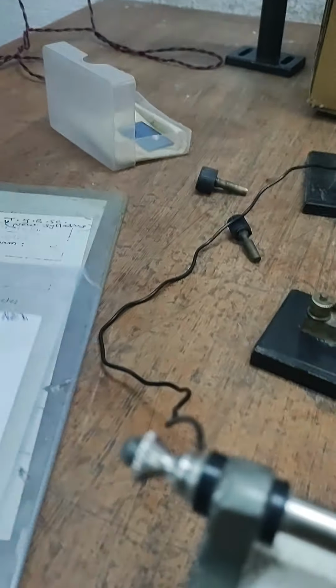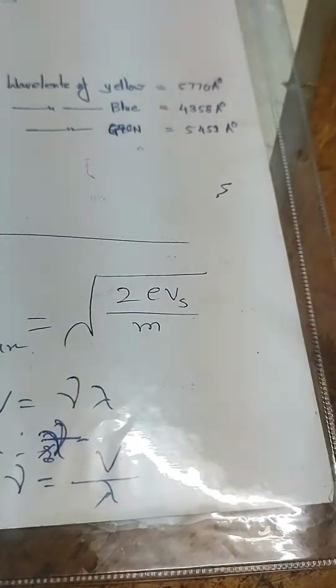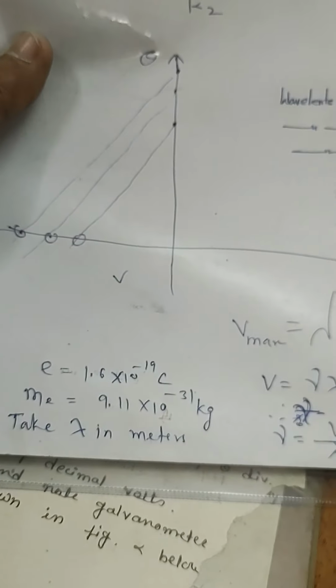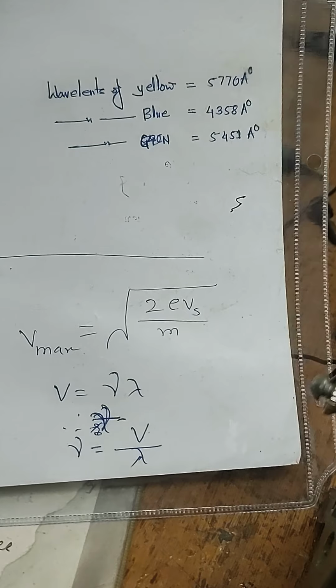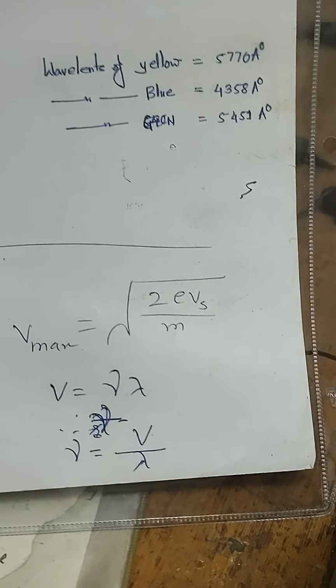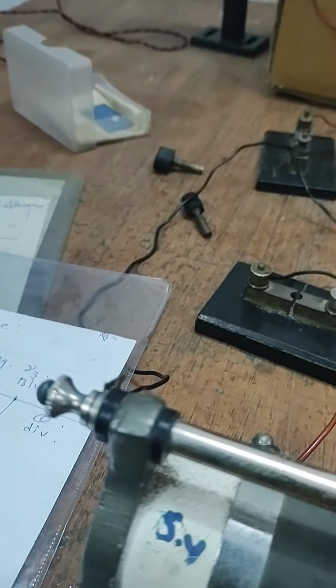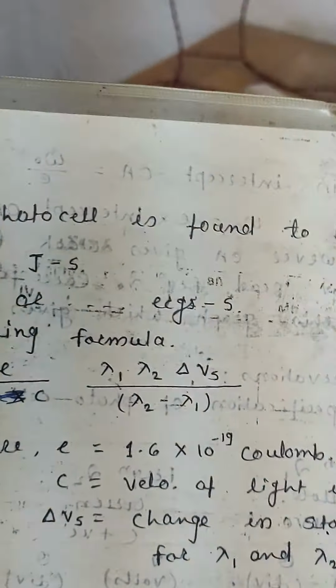And once you get the stopping potential by this formula, V max you will get, and after putting the value of V you will get nu, that is frequency, and the stopping potential will be inserted over here in this formula. So you will get the frequency of the light also. Simultaneously, by putting the value of this stopping potential in this formula, H will be found out.